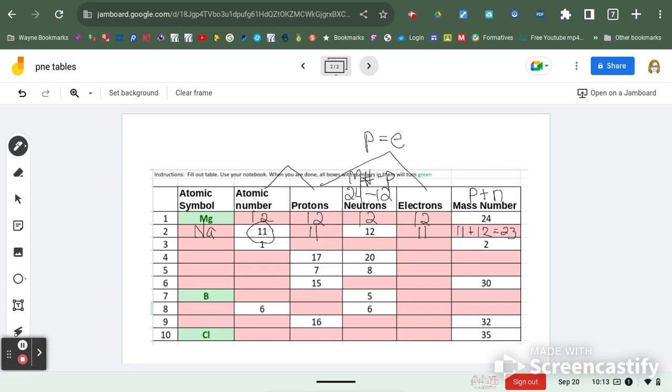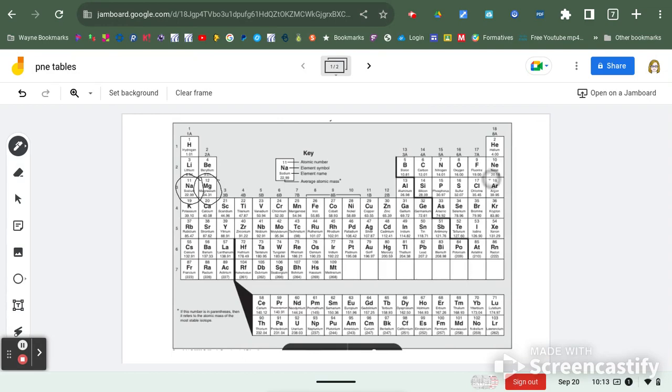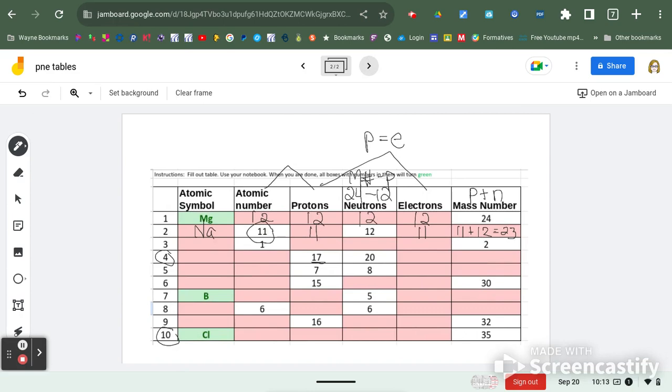Okay, the next one, we're going to do 4 and 10 because these two always seem to confuse people. All right, this is element 17. So we go back to our periodic table and we see that 17 is chlorine, Cl. So atomic number is 17. The protons are 17.